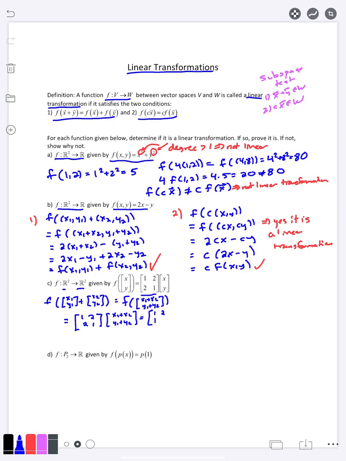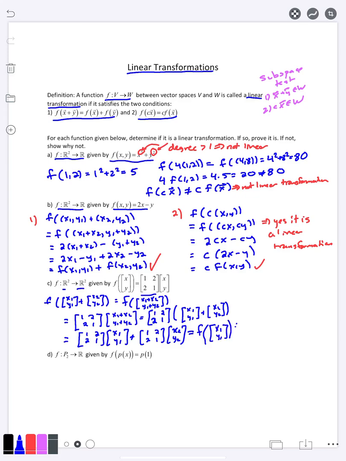And then what I'm actually going to do here is break this up into the vector x1, y1 plus the vector x2, y2. And then I'm just going to use the distributive law here on 1, 2, 2, 1. And we see that this is exactly what we wanted. This is f of the first vector plus f of the second vector.